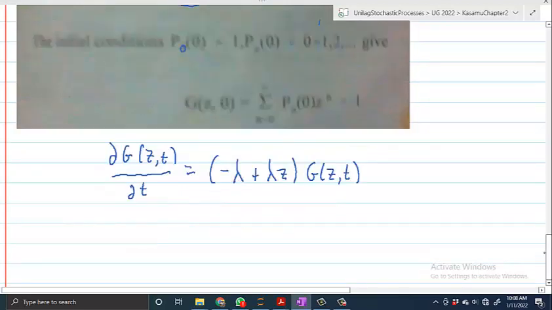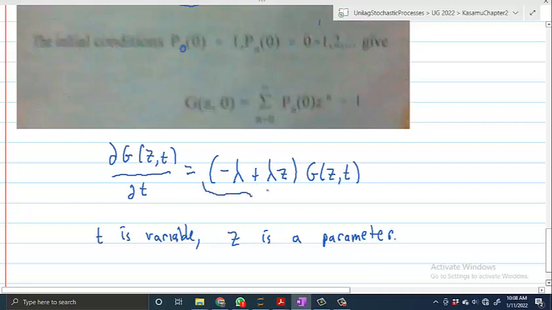Okay. So in this equation, we may consider t as the variable, and I can consider z as a parameter. Okay. Since z is a parameter, I may consider this value as a constant because it does not depend on t. It's independent of t.